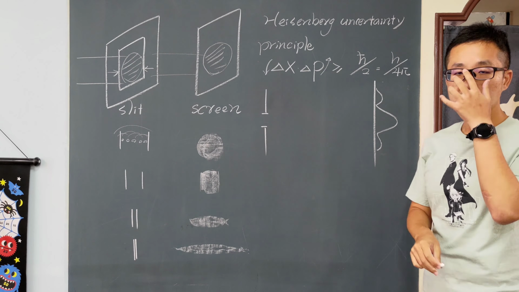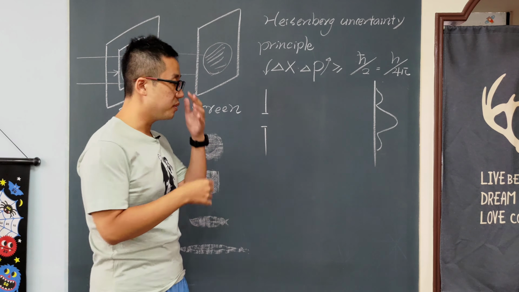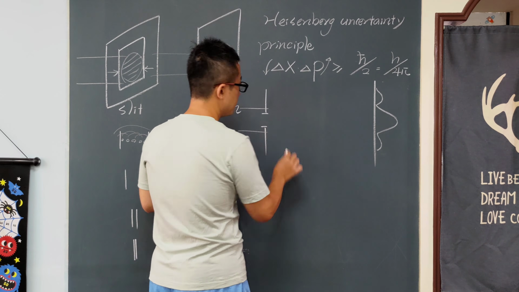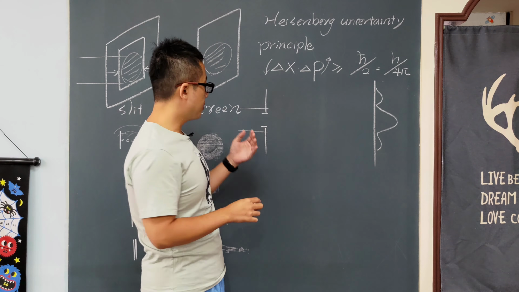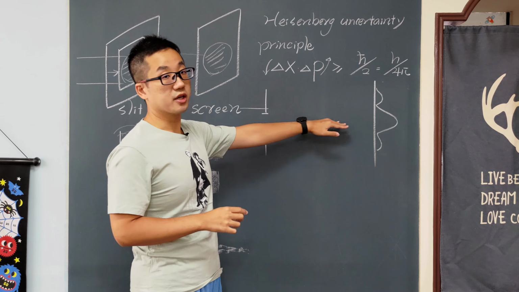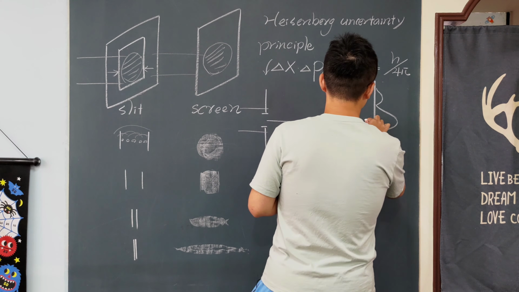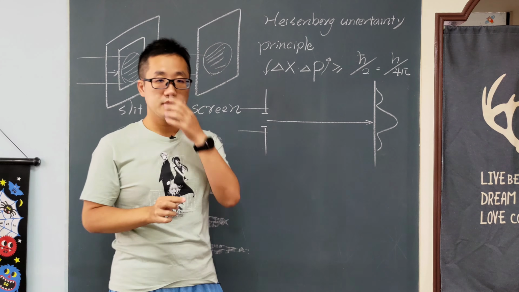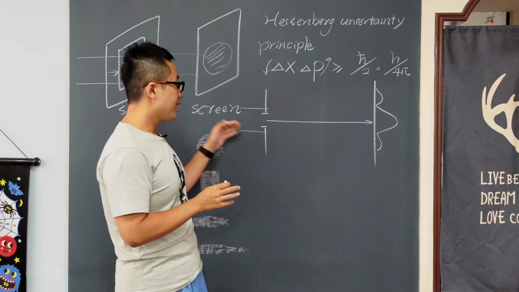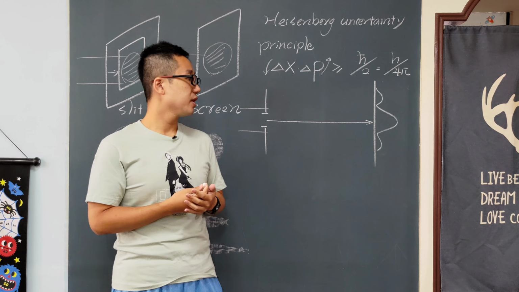Originally, if you shine a laser beam, or it could be an electron beam, and try to pass it through, you expect your particle to travel along the horizontal direction and hit the screen. You thought that there's only one direction for the passing particle. However, you will see a diffraction pattern, right?